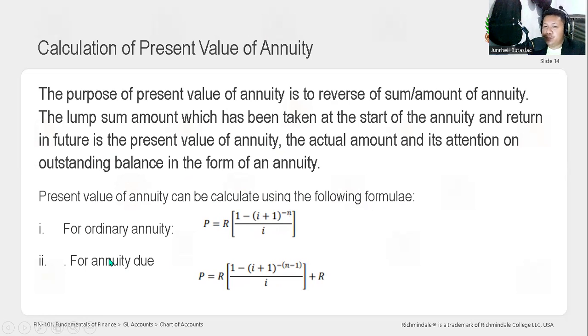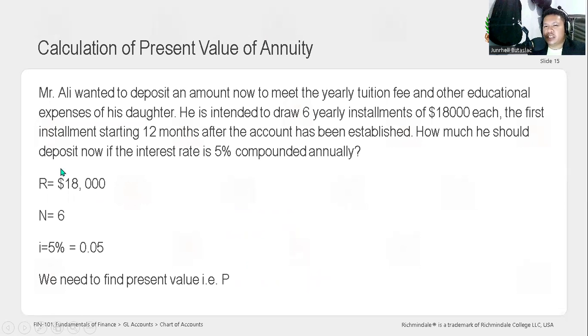For annuity due, P is equal to R, open bracket, 1 minus open parenthesis, I plus 1, close parenthesis, raised to the power of negative open parenthesis n minus 1 close parenthesis, over I, then close bracket, plus R. So this is the formula for annuity due. Let's proceed to the example.